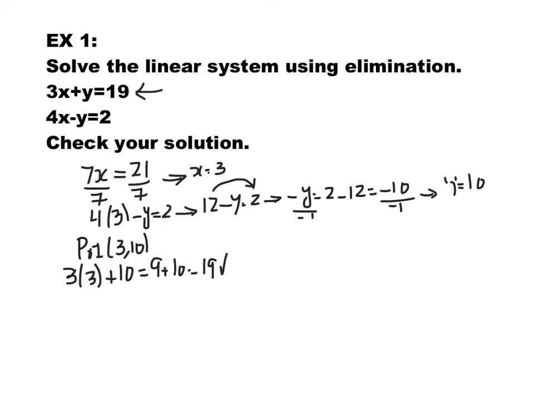The next one, 4 times x is 3, minus y is 10, gives me 12 minus 10, which is 2, which is also correct. So this means that the point of intersection is the point (3, 10).